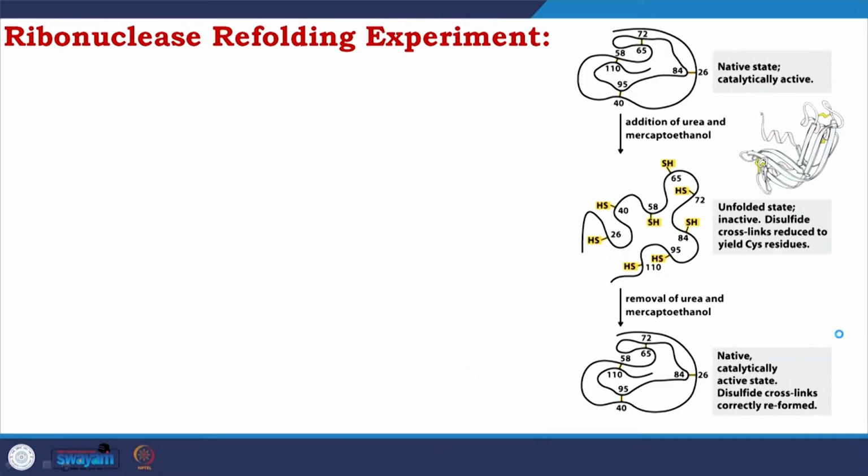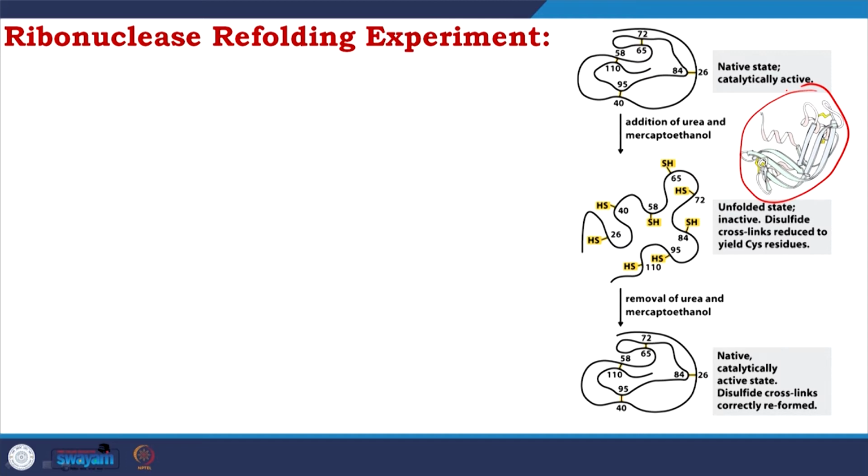Now, he had performed an experiment, called the ribonuclease refolding experiment. So, ribonuclease, if you see, is a protein which has alpha helices and beta sheets. Now, interestingly, the protein has several cysteines, around 8 cysteines.